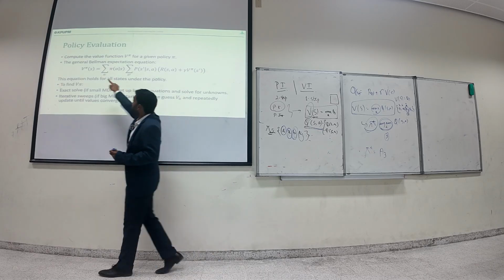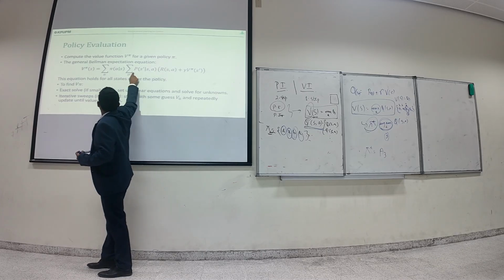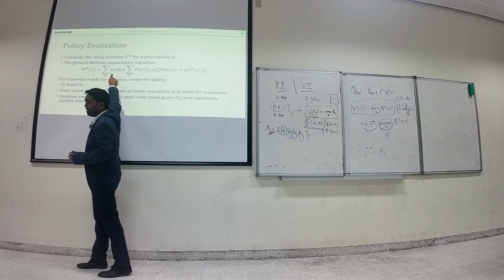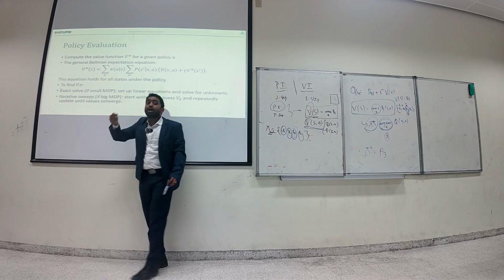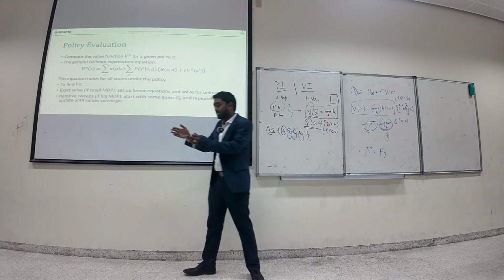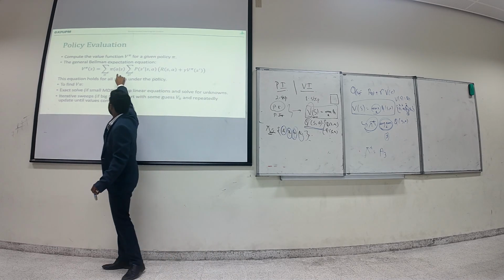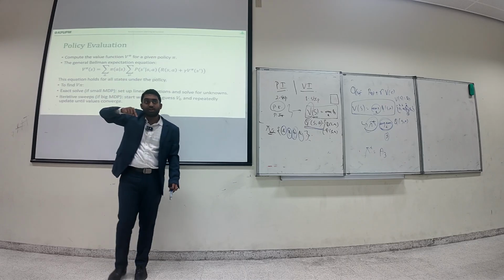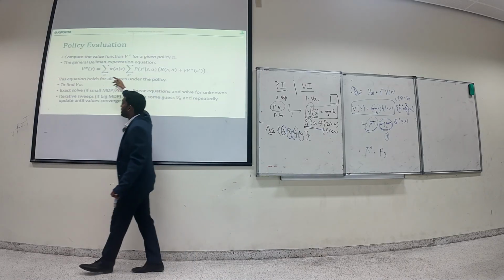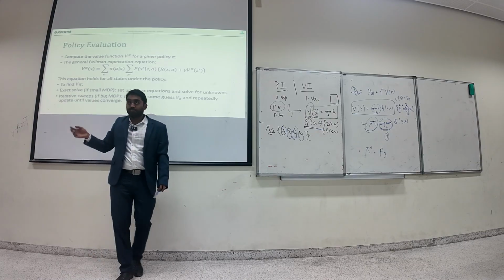But you see this value function is a summation over two quantities: the probability for the next state, and another probability, which is the probability of taking that action itself in that state. Like you're in state 1, and you have 4 actions that you can take. So this summation will sum the probability of taking all those actions. If it is equal probability, for 4 actions you get 1 by 4, 1 by 4, 1 by 4, 1 by 4. If it is 2, 1 by 2, 1 by 2.